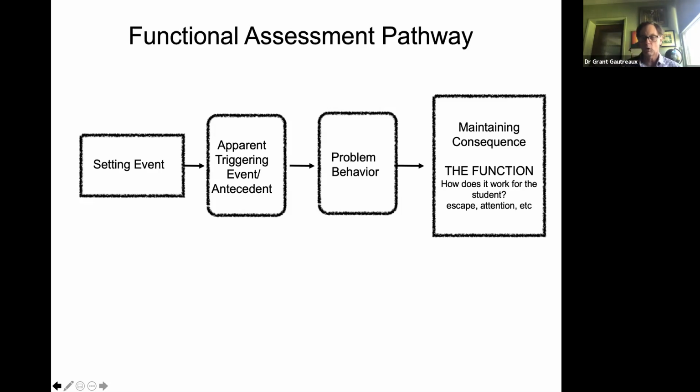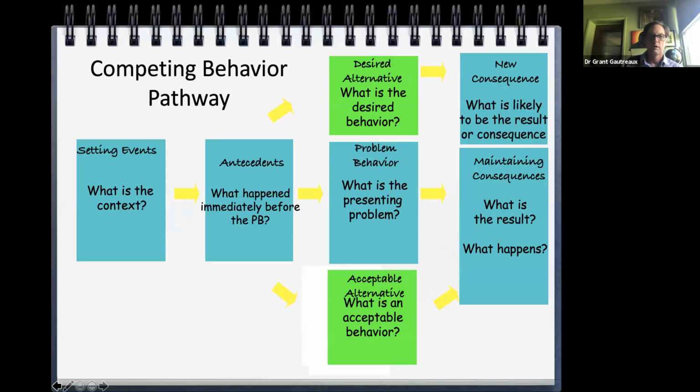So how does it work for the individual? All right, so to kind of unpack these a little bit further, what's the context that the behavior is occurring in? What happens immediately before it? What would the desired behavior be? But what is an acceptable alternative?